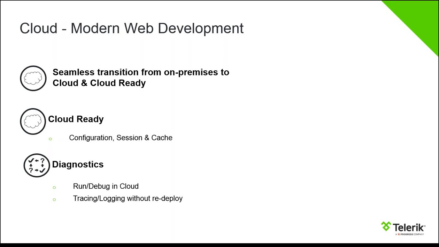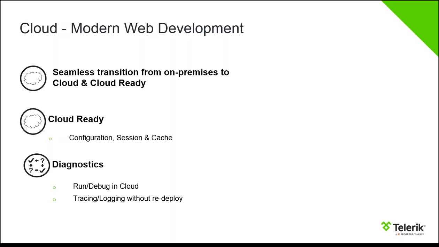Coming to diagnostics, yes, run debug in cloud. Basically, you had to change your configuration files, and that would restart your systems. Then tracing and logging. You wanted to trace or log what's happening on the cloud.